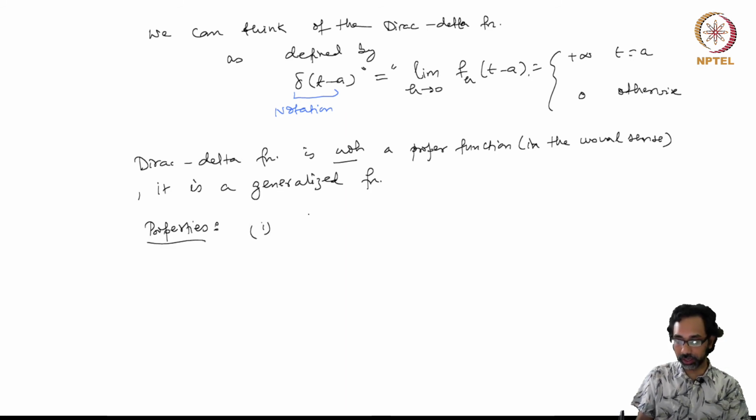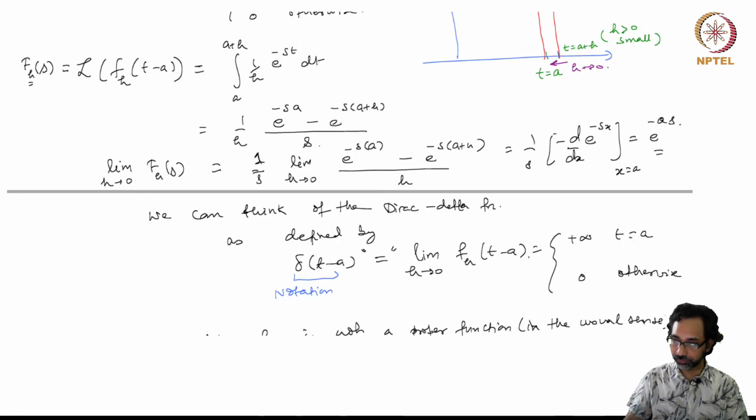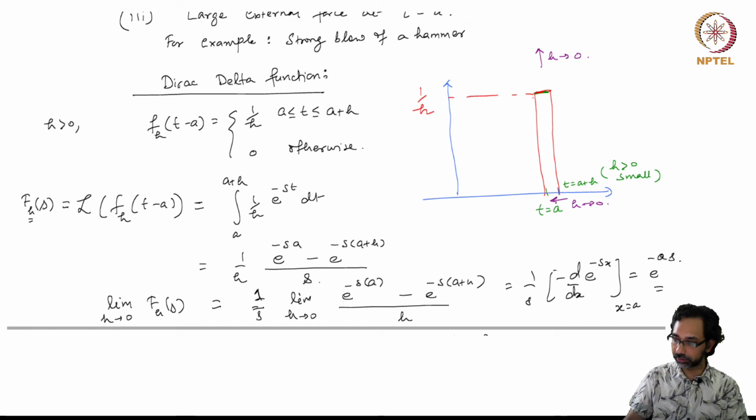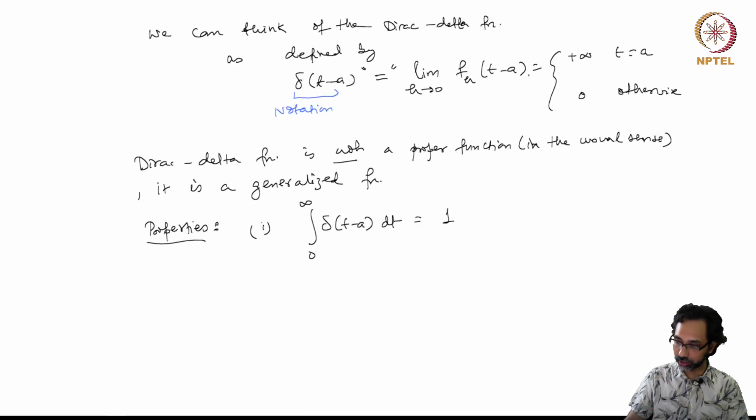The first property is that the integral from 0 to infinity of delta(t minus a) dt is equal to 1. This is because the area is simply h times 1 over h, which is 1. So even as h goes to 0, the area remains constant, and so if you take the limit inside formally, then you get this property.